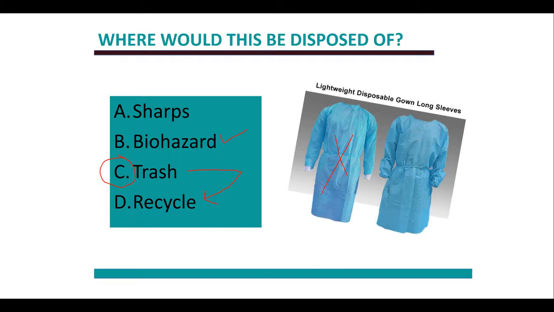So we have separate blue bagged trash bins where we put these gowns so that they can be recycled. And again, that's going to help the environment. So I would encourage you to check with your recycle company or your biohazardous waste company to see if they have a recycling division. Find out if your disposable gowns could be recycled. Would be a great idea.